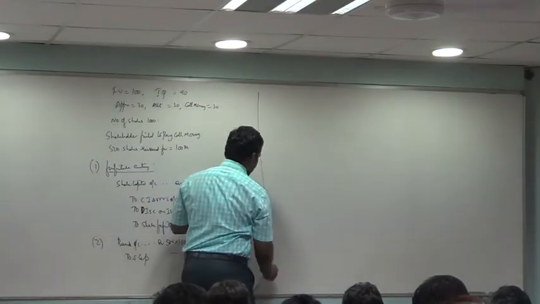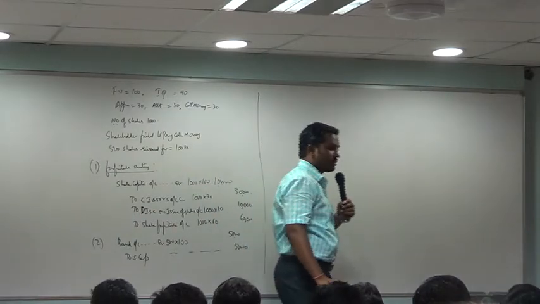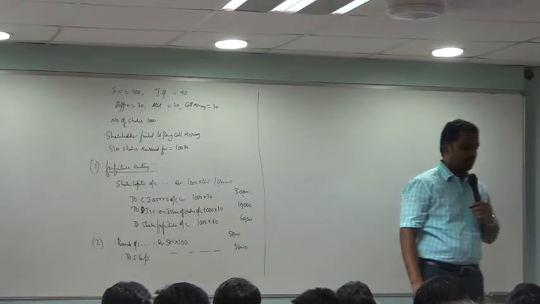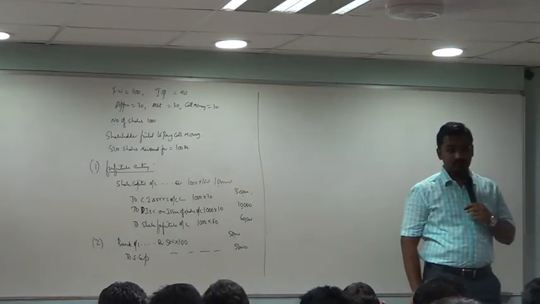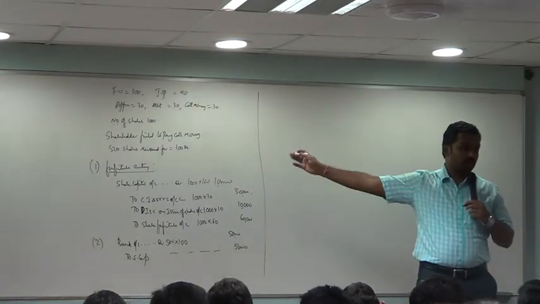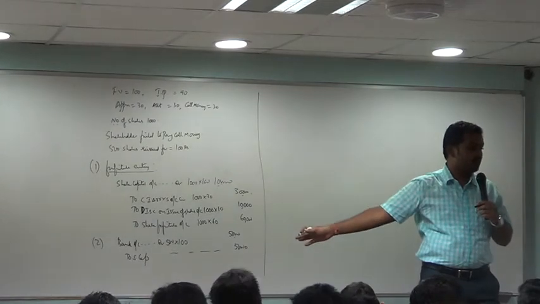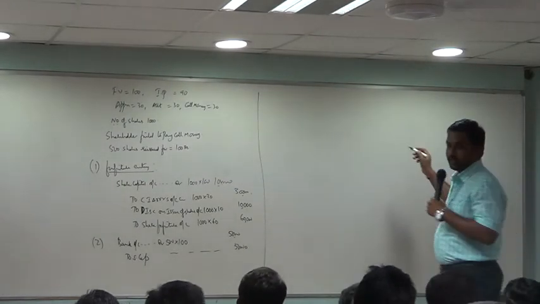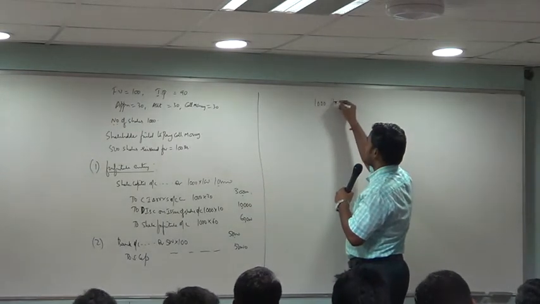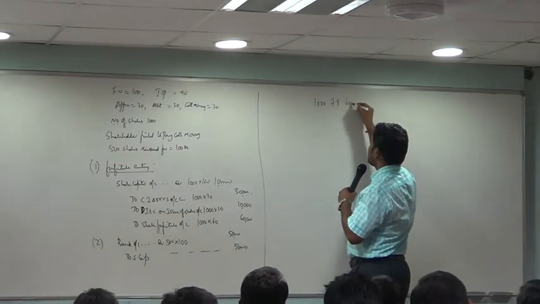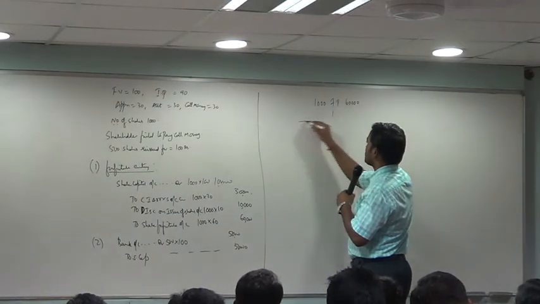Now can you tell me how much profit will be transferred to capital reserve in this problem? 60,000? Entire 60,000 will be transferred to capital reserve? No, boss. Out of 1000 shares, only 500 shares have been reissued. You have to prepare a chart now. 1000 shares forfeiture profit 60,000, two parts.